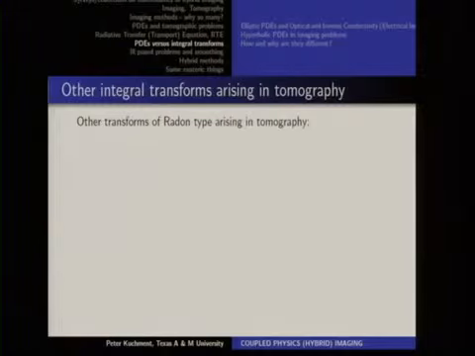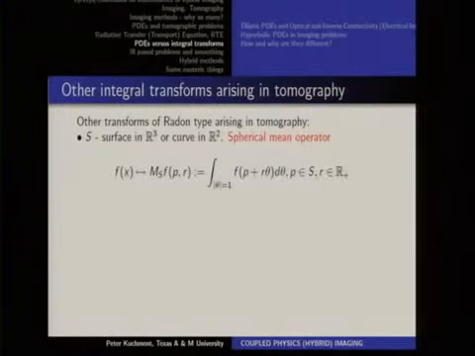There are other transforms of Radon type, integral type. I will not be dealing with them. I just mention them. There are other transforms of Radon type when the data you measure is integrals of a function over something. Curves, lines, planes, surfaces. For instance, the spherical mean operator, when you measure integrals of a function over circles centered at your detectors. You have heard about this in the series of lectures by Bartzonia. This arises in thermoacoustic tomography.